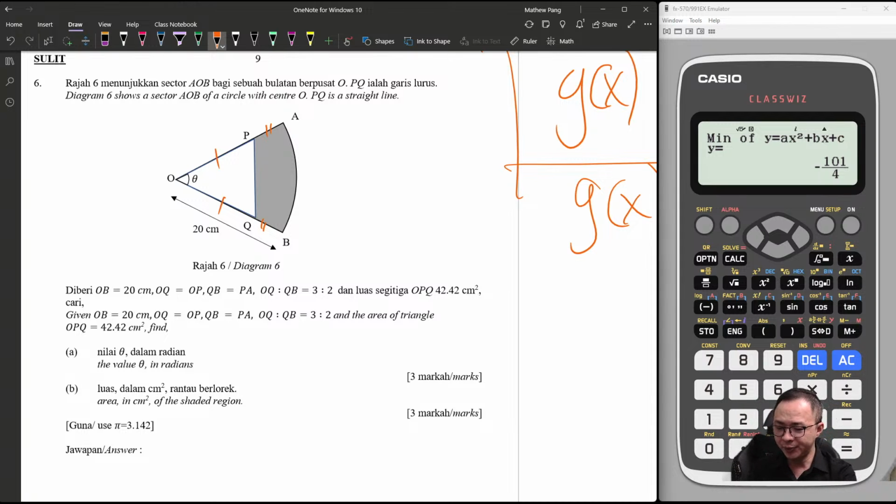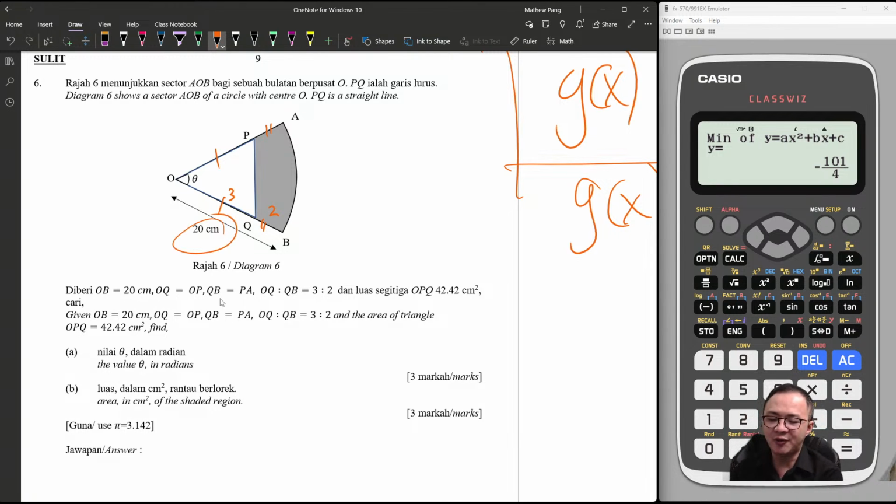OQ ratio 3, QB ratio 2. And the area of the triangle is 42.42. Find the value of theta.